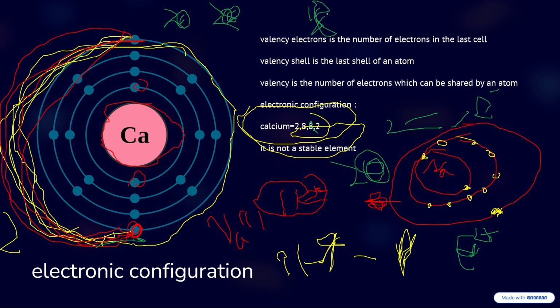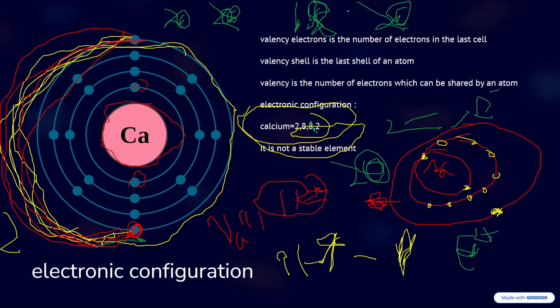After losing them, electrons became 18. If electrons became 18 and protons are 20, then the positive charge is more compared to the negative charge.